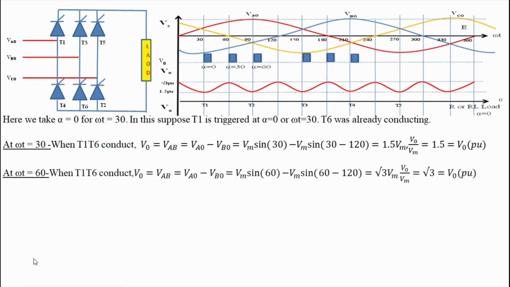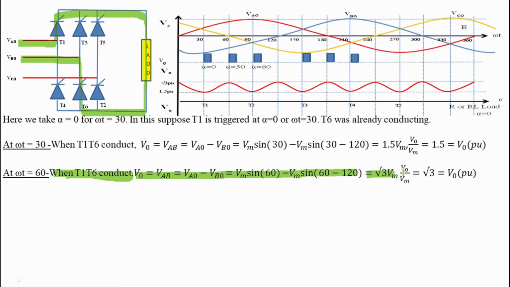Now see the case when omega t equals 60 degree. When omega t equals 60 degree, then again thyristors T1 and T6 are conducting. When T1 and T6 conduct, we get this path, and here V0 equals VA0 minus VB0, that is equal to Vm sin 60 minus Vm sin (60 minus 120 degree), and it is equal to root 3 Vm.